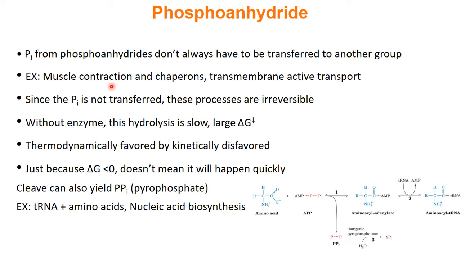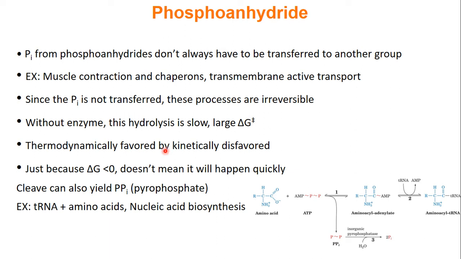It's just lost. Now, as I said in the last video as well, this is a very slow process. Even though that delta G is negative, delta G double dagger, which is the delta G of the transition state, is very large. Therefore, this reaction is very slow. We call this thermodynamically favored, but kinetically disfavored.